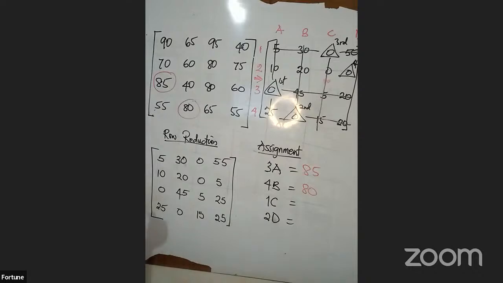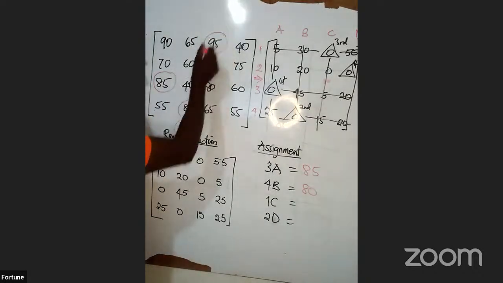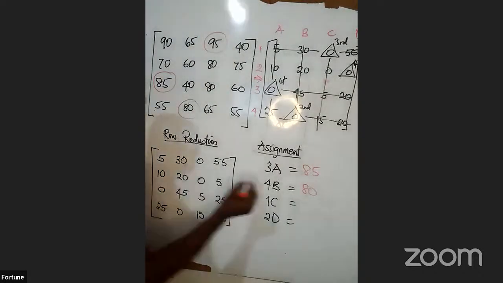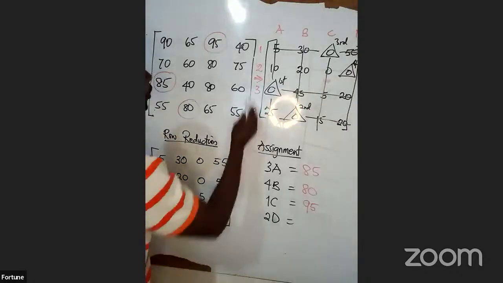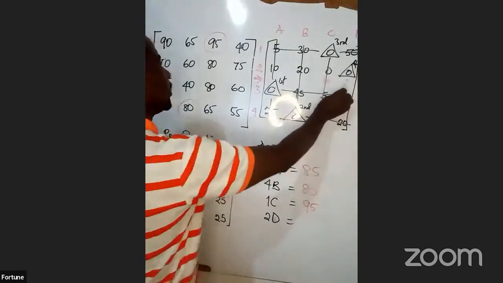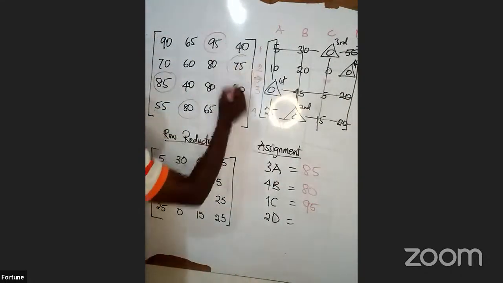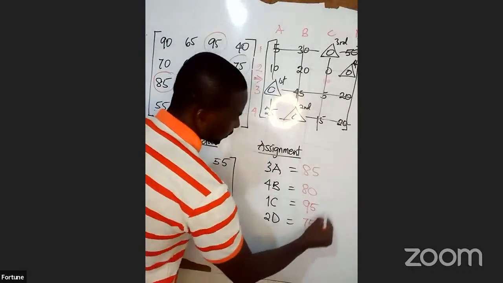Our third is 1C, which is 95. And our fourth is 2D, which is 75. Now we can add this up.